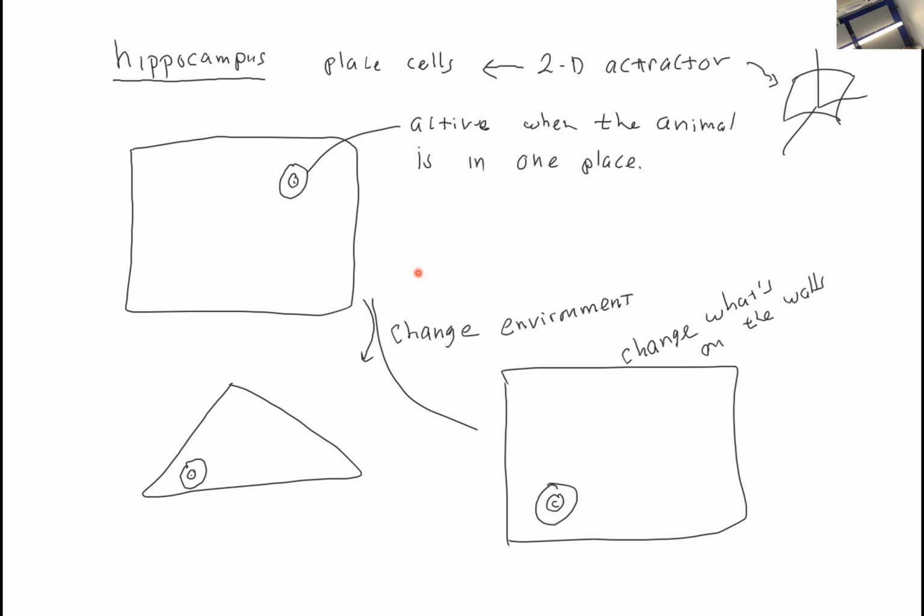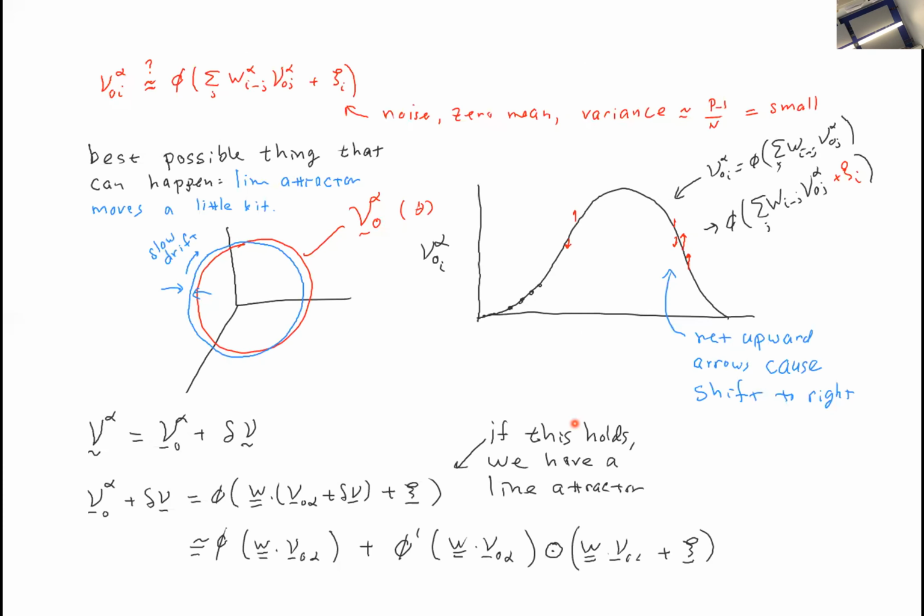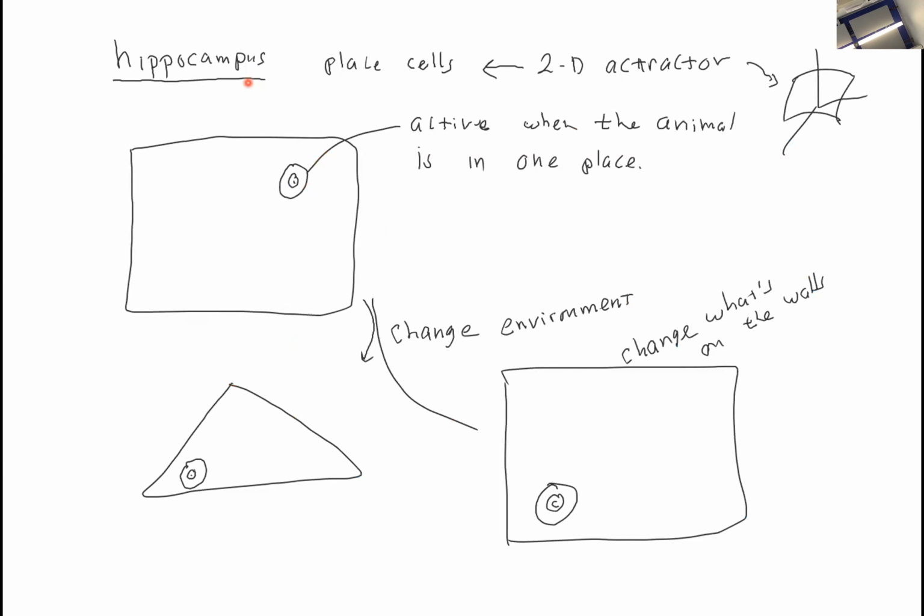You can imagine what's happening is a scheme like the next page. Each of these WIJs is an attractor for a different environment. And what we know from our analysis is, yes, you can do that, but it's going to cause a slow drift in every environment. But it's still a possibility.